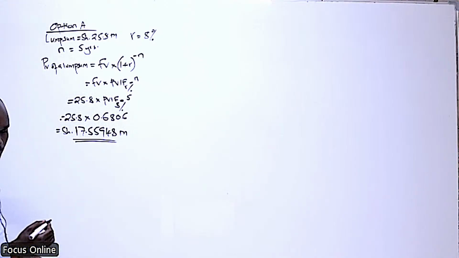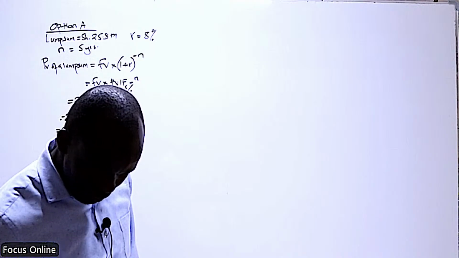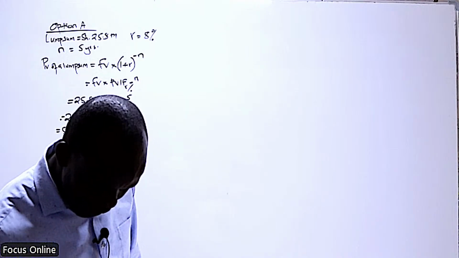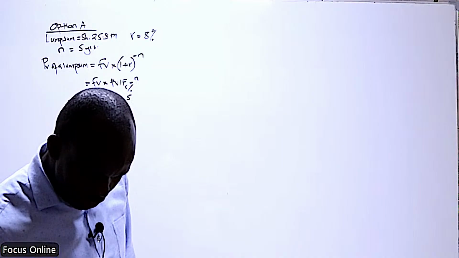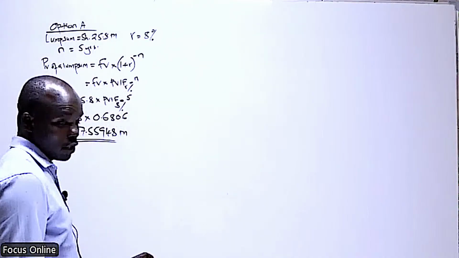Option B. Option B says a sum of shillings 16 million paid as follows.